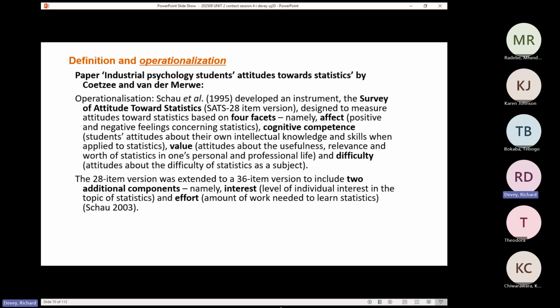These are the different components that they're using to measure. That's in a 28 item version. Then they extended that 28 item version to a 36 item version, which also included interest and effort in the measurement of the scale. So what they're doing here is building questions to measure the components of the attitude towards statistics.